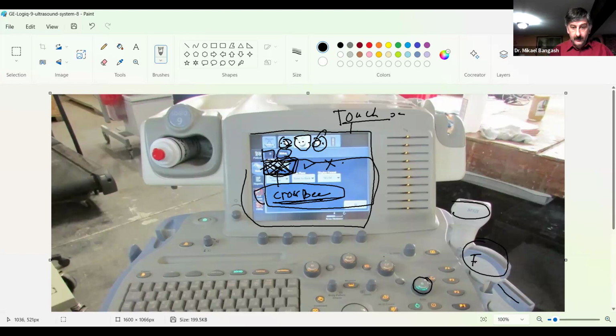Because, my dear, let's say if you turn on the color flow mode, there's going to be a window here that will say CF. Even if you turn on this mode here, there's going to be another window that may pop up here, which says pulse wave.